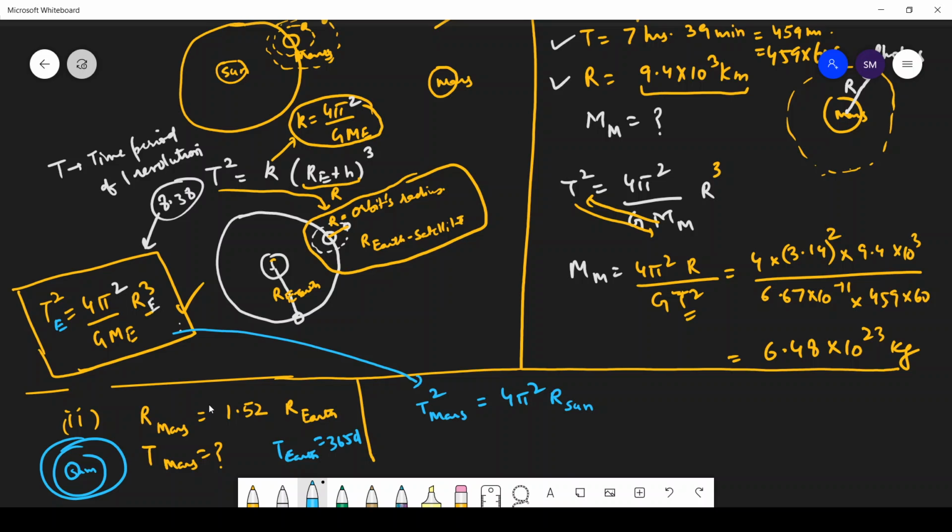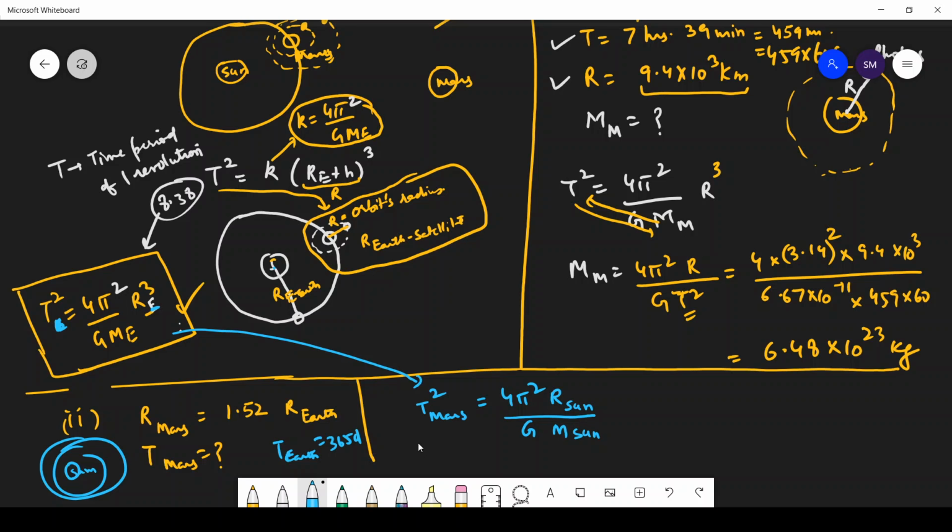Radius of sun. This was the time period for the satellite around the Earth. Yes. So whose radius was I taking? Earth radius. Earth which was at the center, right? So here who is at the center when I am taking the time period of Mars? Sun is at the center, okay? And G into whose mass am I going to take? Sun mass. Is this clear to you, students?